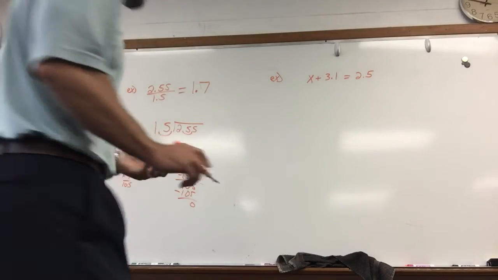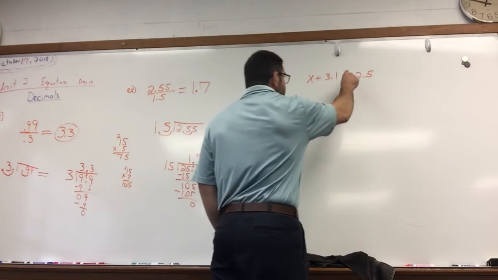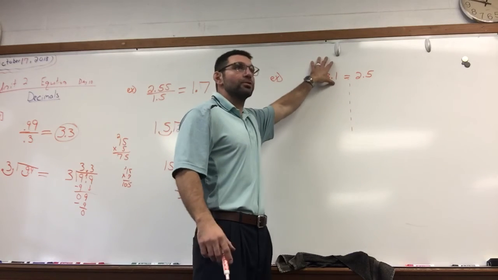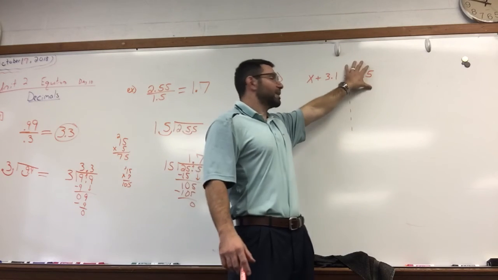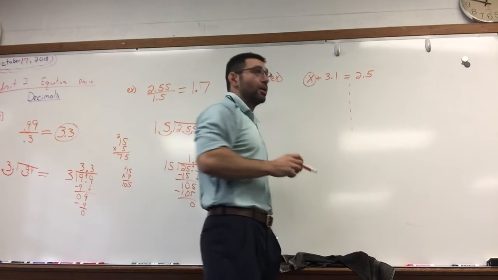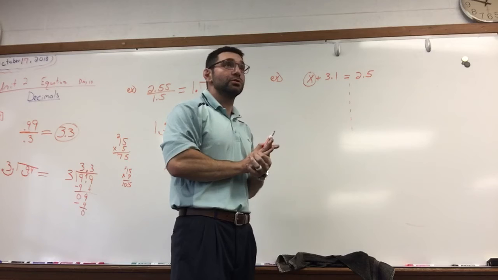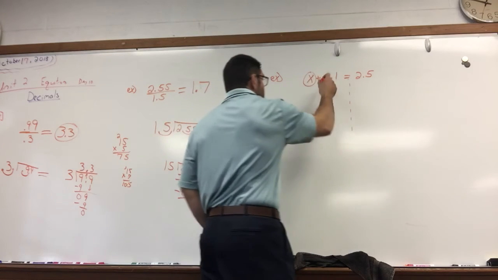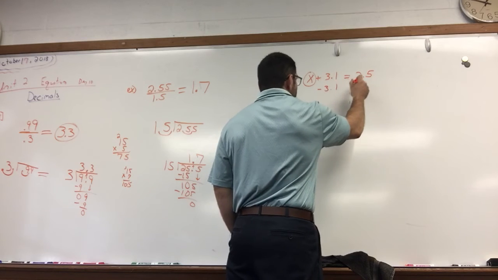Therefore, it's an equation. Follow our steps. Find the balance point. Do I need the distributor combined? Nope. Here's 1x. That's what we want. So what do we have to move? Lydia? Good. The inverse of the plus 3 1/10 is subtracting 3 1/10.